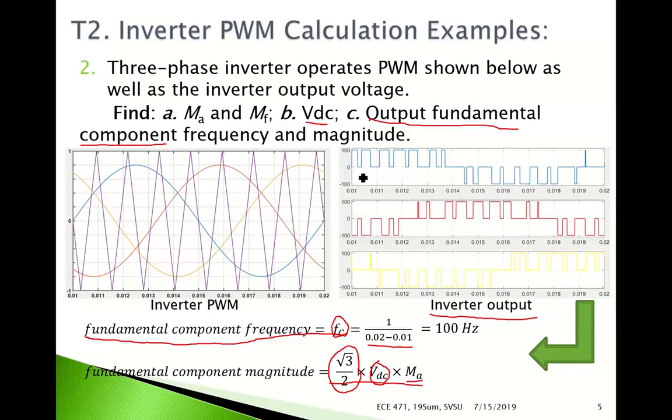So the VDC value is the magnitude of the square wave, which is 100 volts, because again the output square wave is bouncing between the positive VDC and 0, and between 0 and the negative VDC. Therefore we can read it as 100. So 100 VDC times MA times the factor in front of it, we end up with 69.28 volts magnitude and 100 Hz frequency for the output fundamental component inside of this square wave.